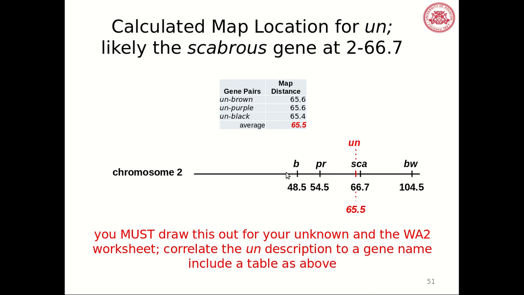So you have chromosome 2, you find these 4, you find out where they're located, you cross flies with your unknown, and however many crossing over events you have should show up in the number of flies, and you use that to calculate your distance from each of these, and then you take that and figure out exactly where you are. You'll find out that, oh, I'm so far away from PR, I'm a little further away from B, and I'm a certain amount from BW, and I'm right next to SCA. I should get very few recombination events going on with SCA when I do this cross.